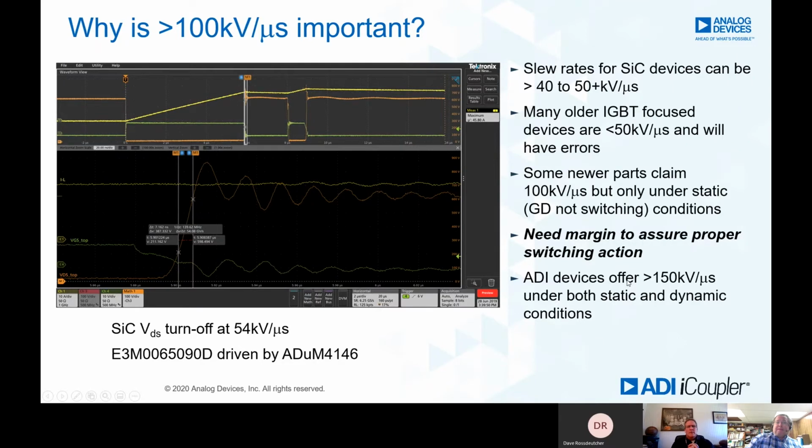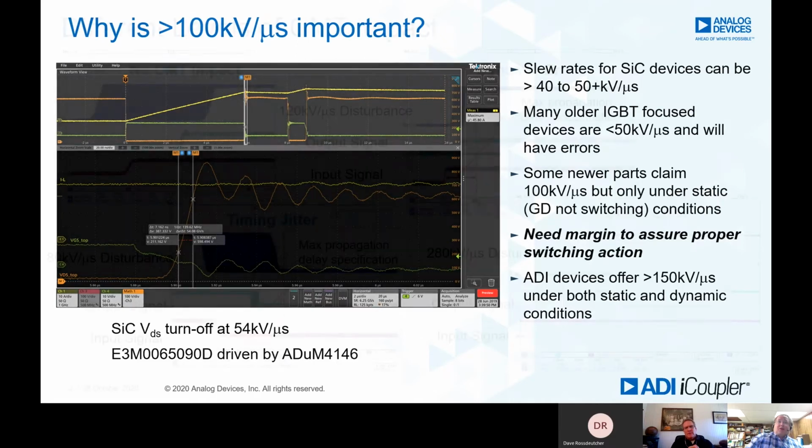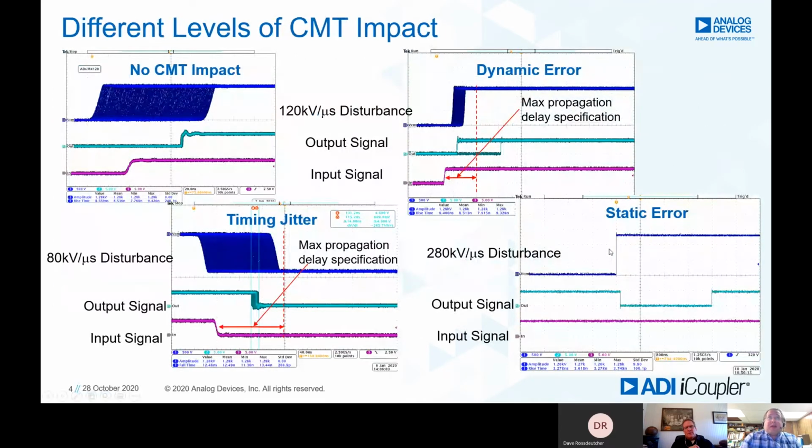Okay. And are there different levels of common mode transient immunity that are important to be aware of, and how do they impact the switching signals? Well, you can look at how the common mode transient impacts performance.